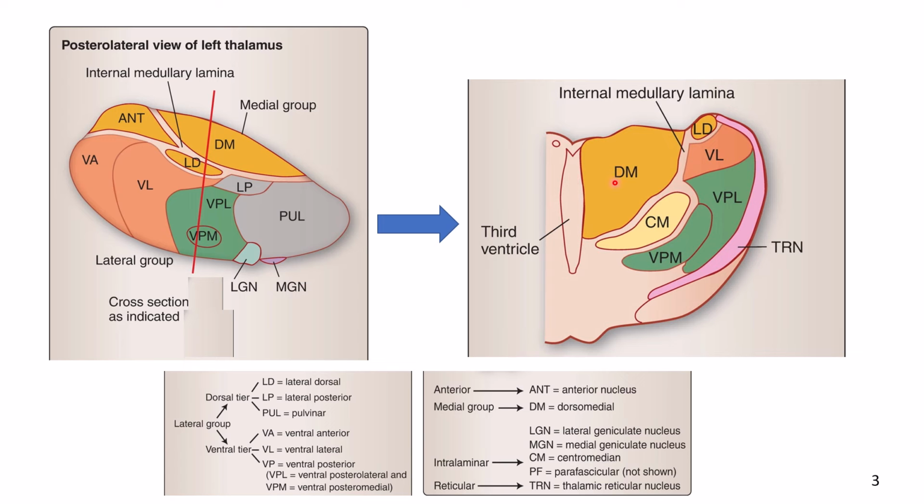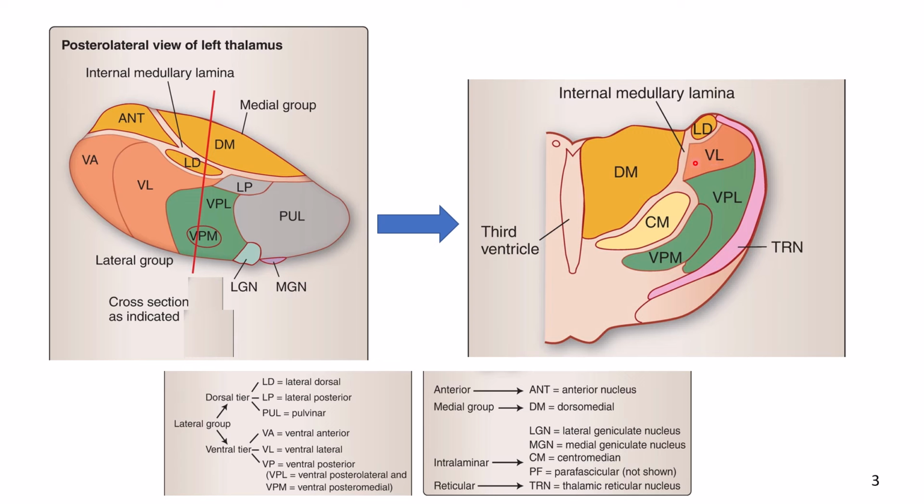You have the dorsomedial nucleus here medially, and the lateral dorsal as this one, and this is the big one: the ventral posterior nucleus, which is made of two other nuclei, ventral posterolateral, this area, and ventral posteromedial, which is this one. You can also see a small portion of the ventral lateral here.